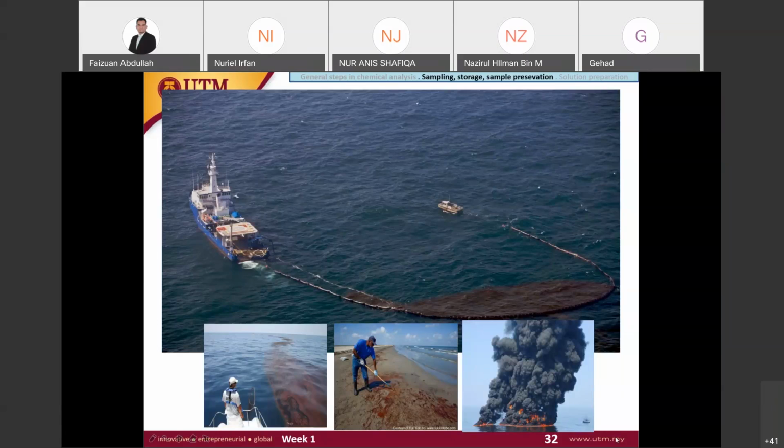So we will use the water sampler. We must open the valve first. There's a mechanism for the water sampler. We open the valve first, and then we put the water sampler inside the sampling site that we want.